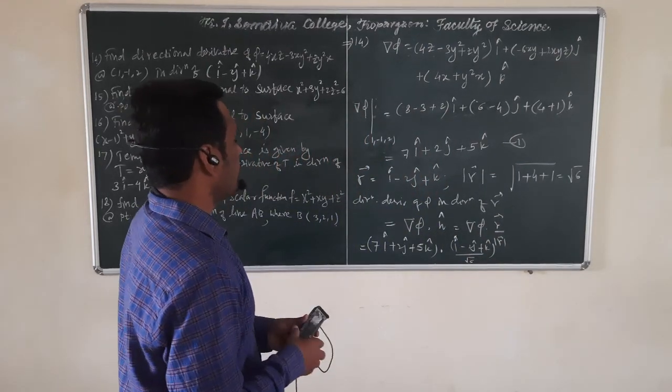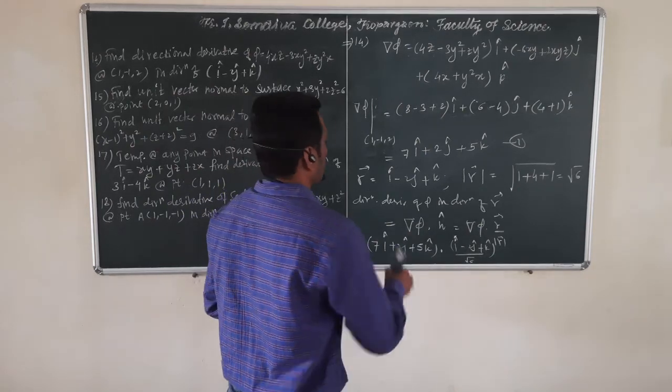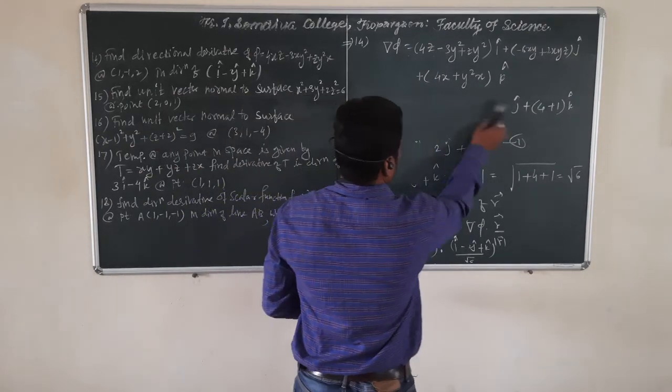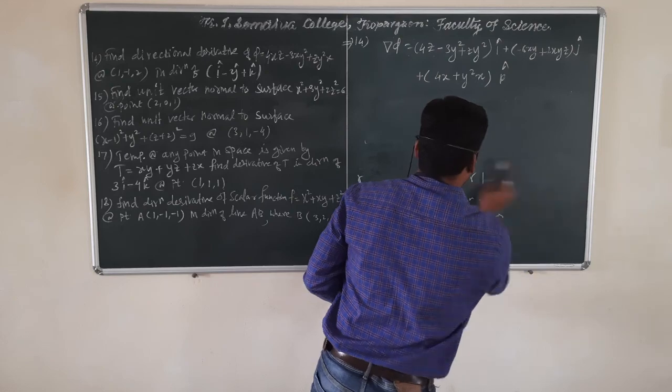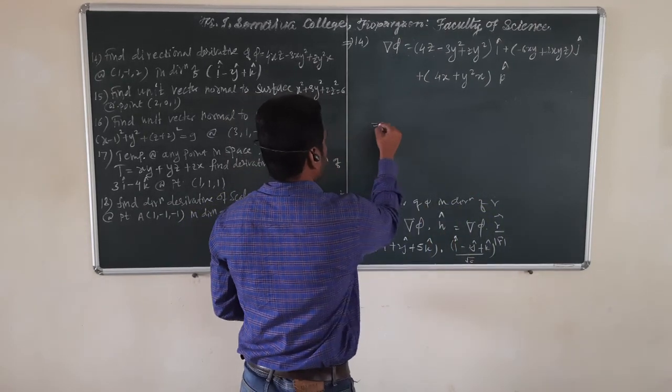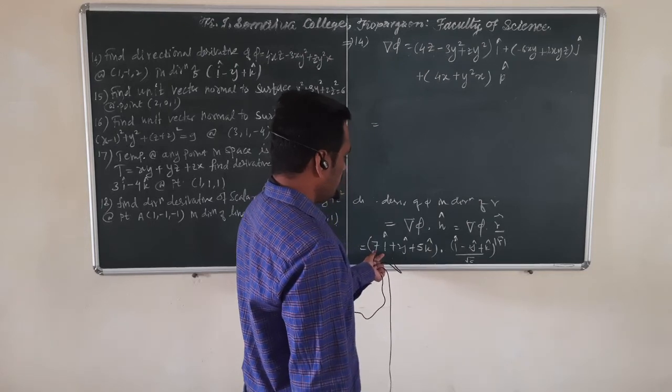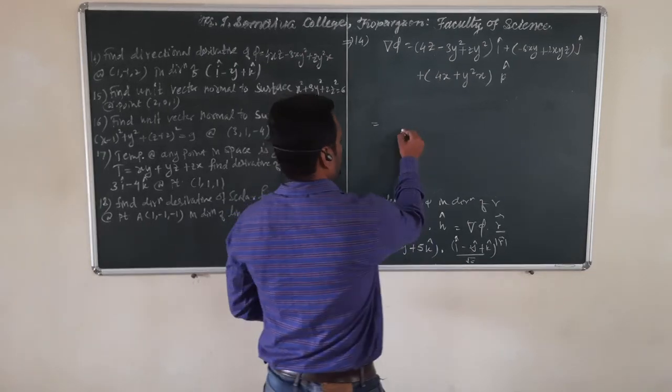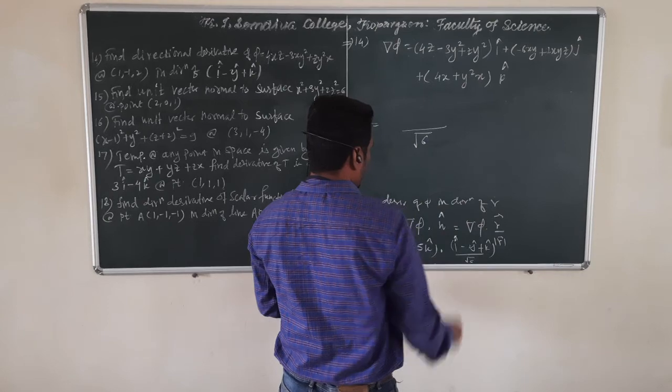Solving this, the root 6 term goes in the denominator.